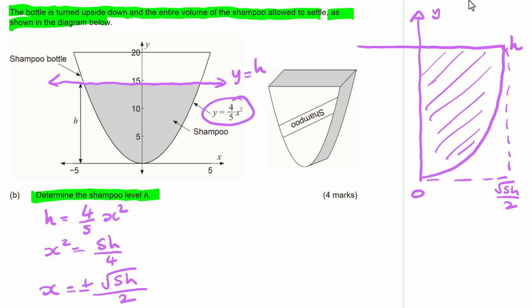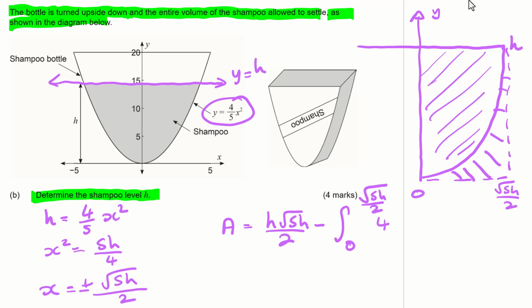And so that grey shaded area can be given by the area of the rectangle, which is h root 5h on 2, take away the area underneath the curve here, which is the integral from 0 to root 5h on 2 of 4/5 x squared dx.